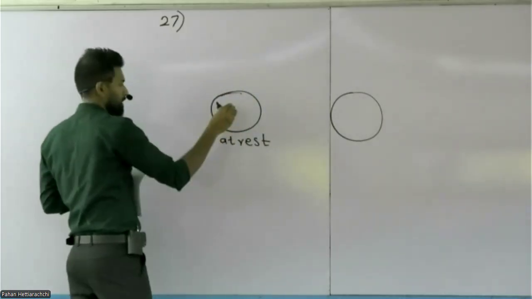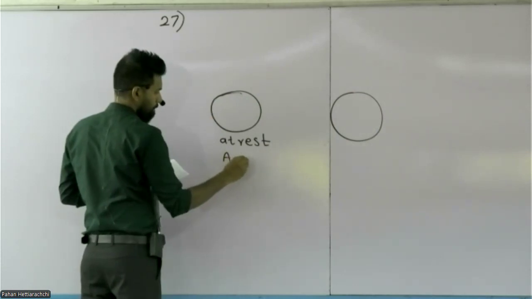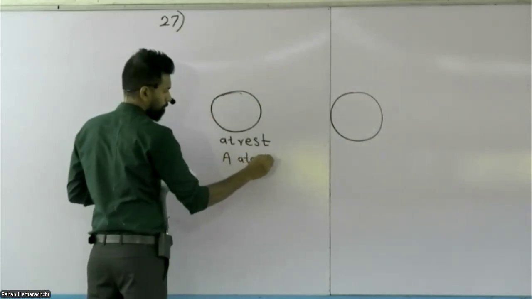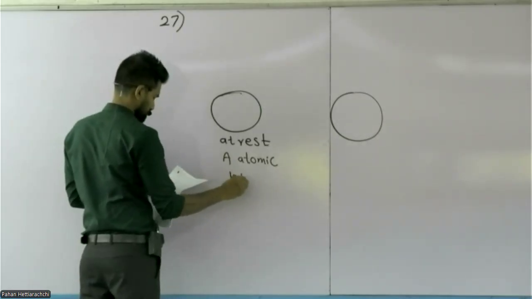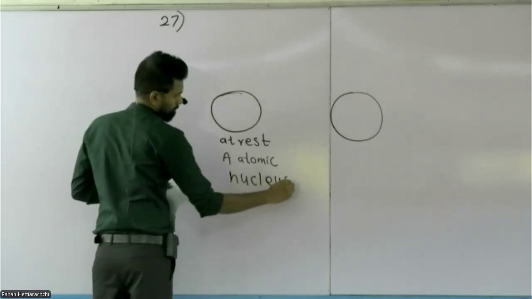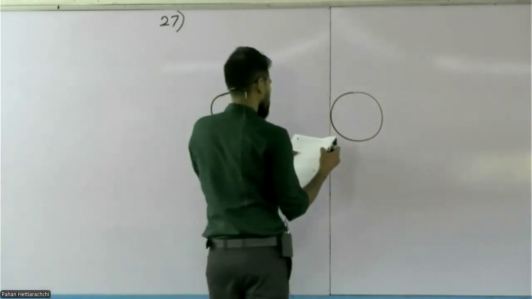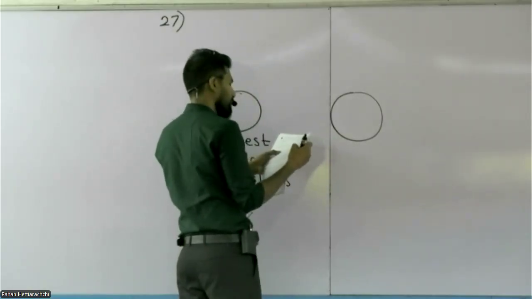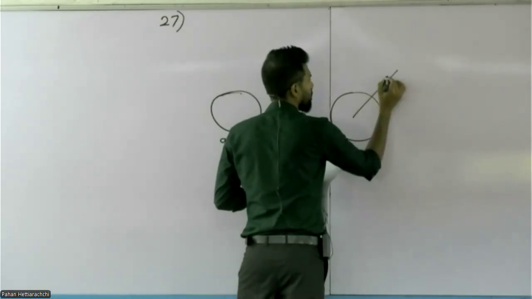Initially, there's the atomic nucleus at rest. Okay. Now what happens? It decays into an electron. Now, from this, an electron is emitted.